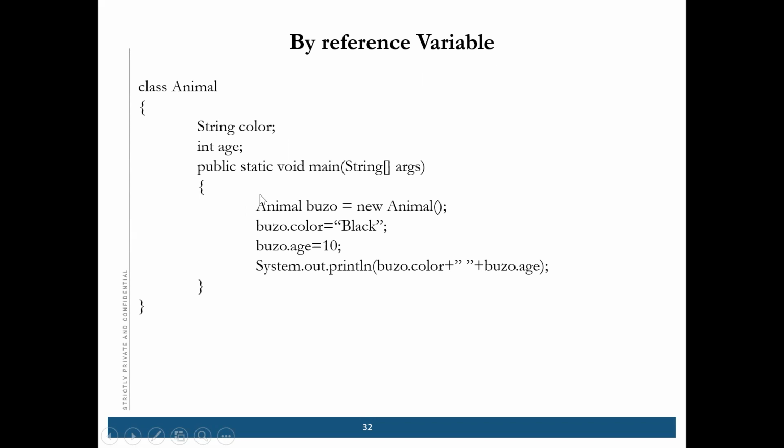We don't need to write this variable inside the method. We can just call it with the help of that instance of the object. So we can use the color and age also, and we can print it like this. I will show you in practical also how to do that.